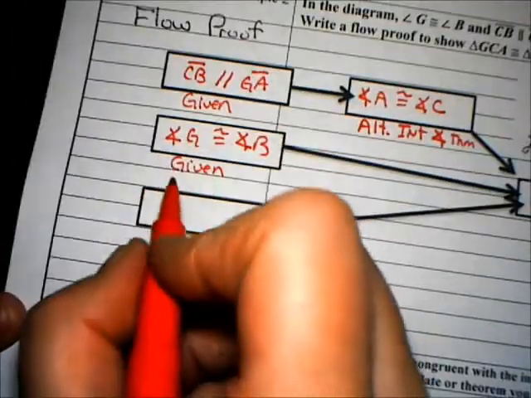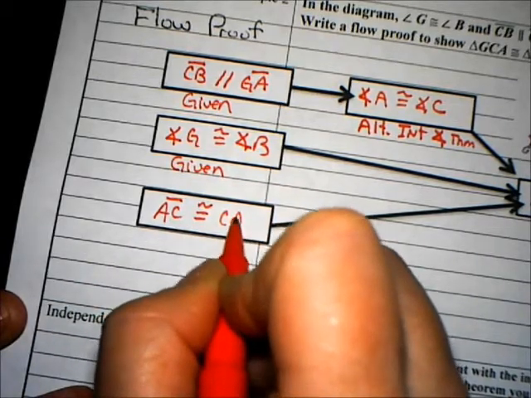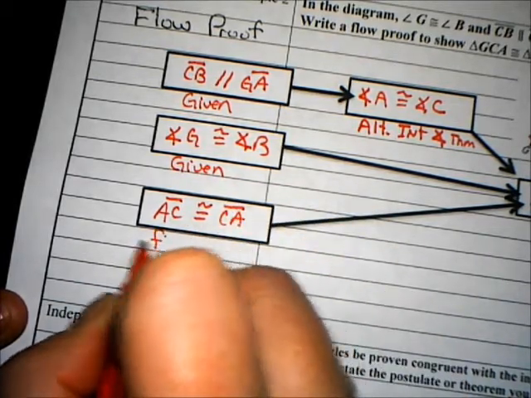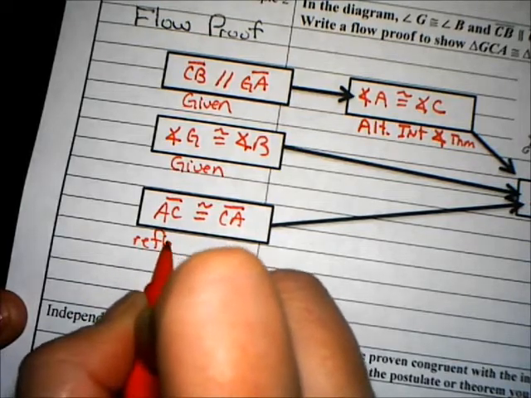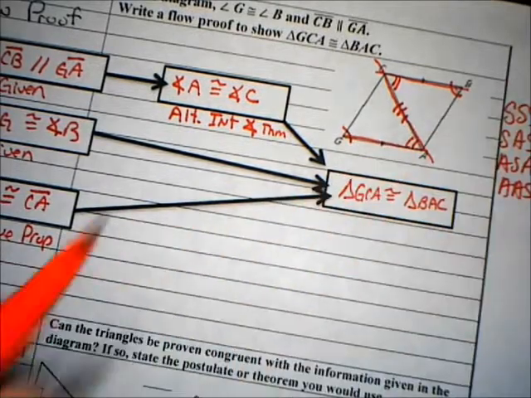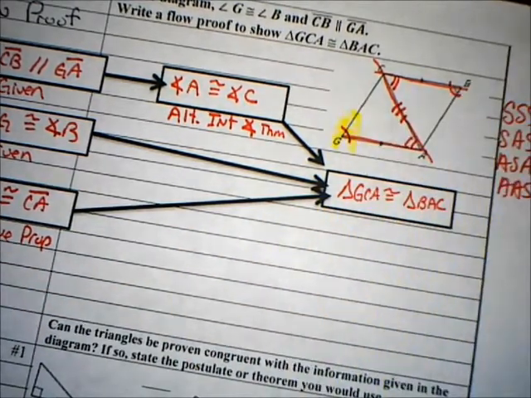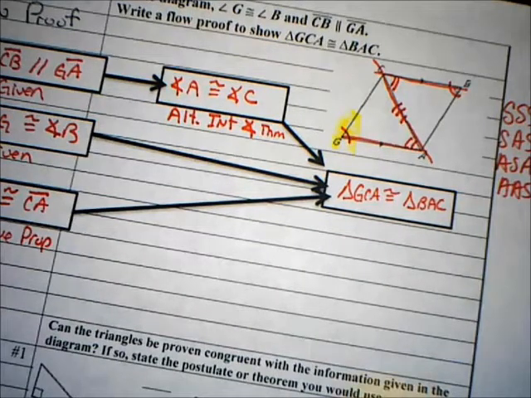So I'm going to say that AC is congruent to CA by the reflexive property. Let me get my yellow here.